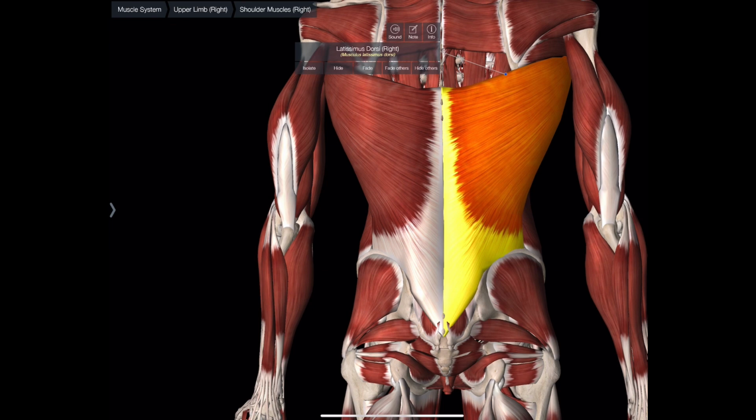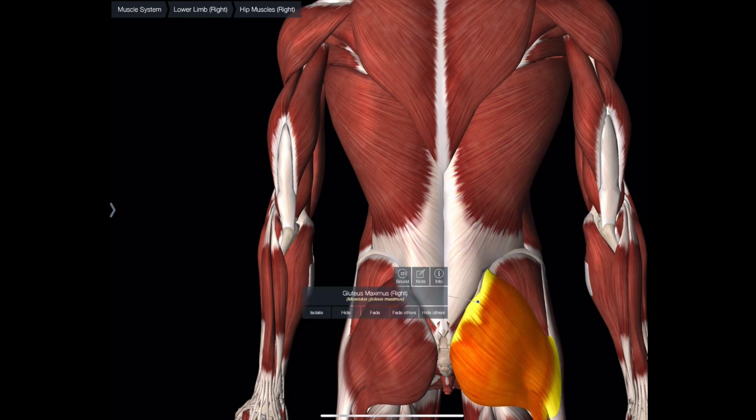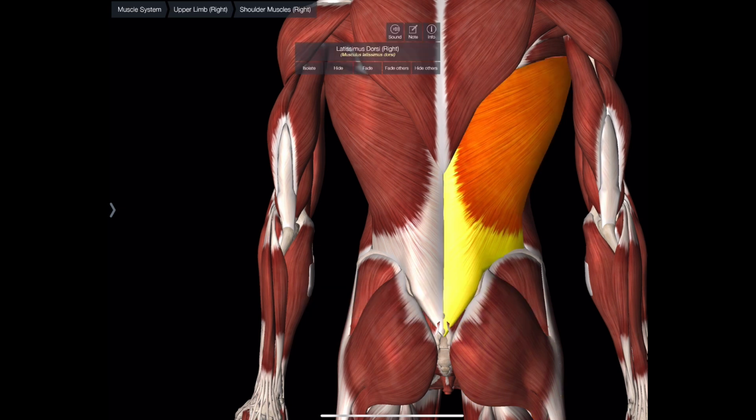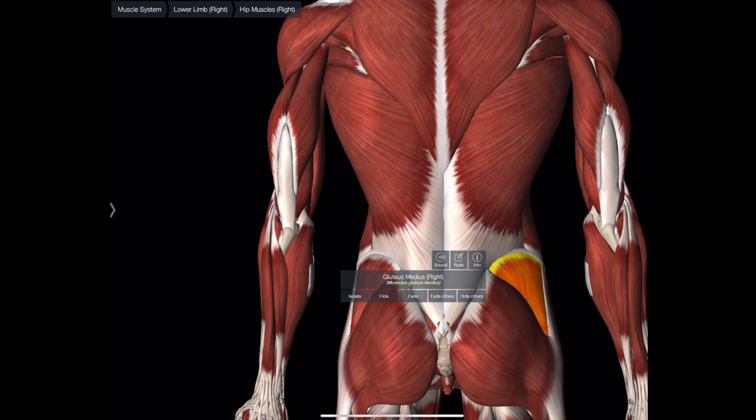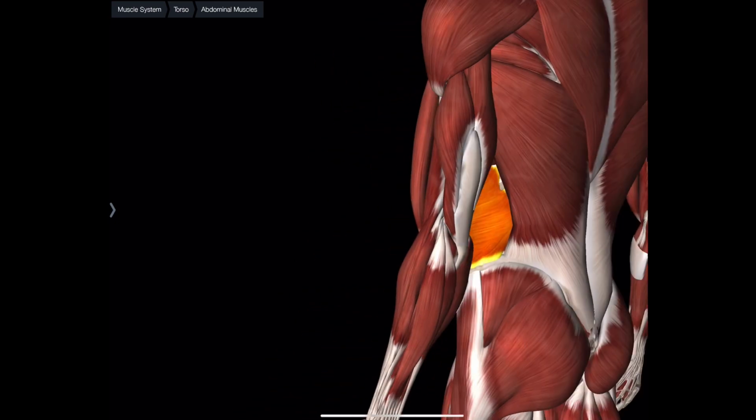So when you think about adding in the glute max, the lats, the glute medius, bigger muscles around the lumbar spine, the brain says, well, these are expensive muscles to use.